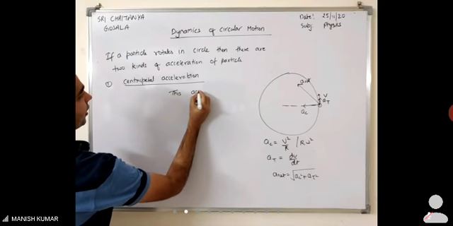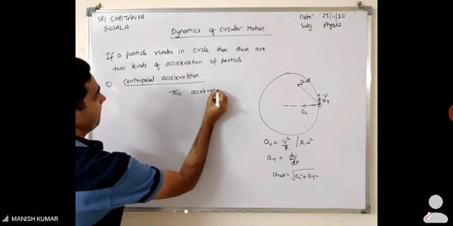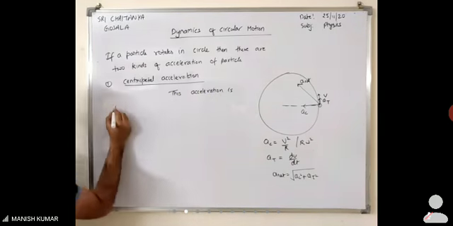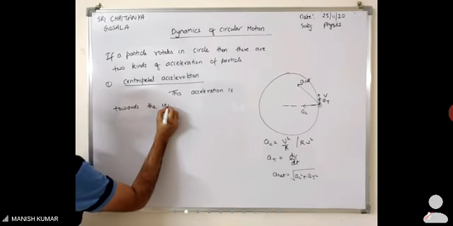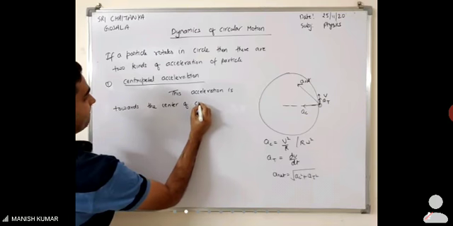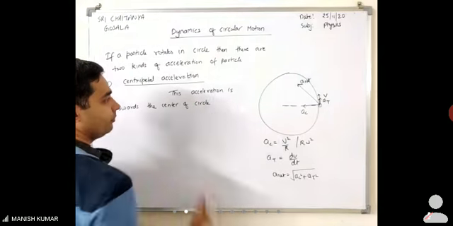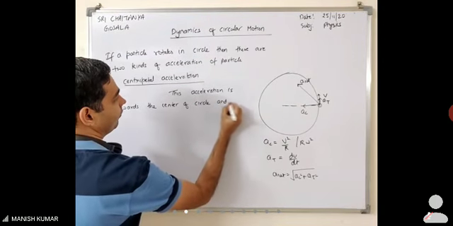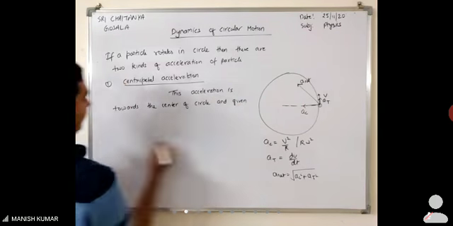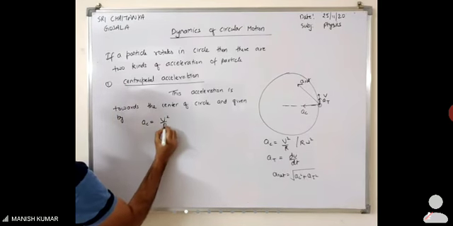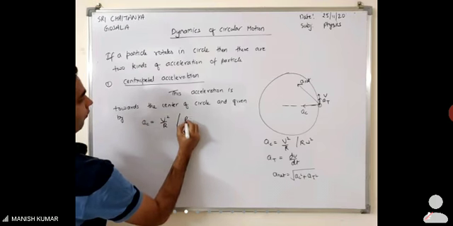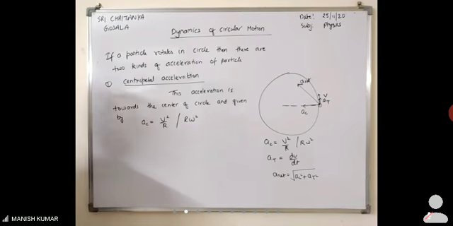This acceleration is towards the center of the circle and is given by ac equal to v square by r or r omega square.